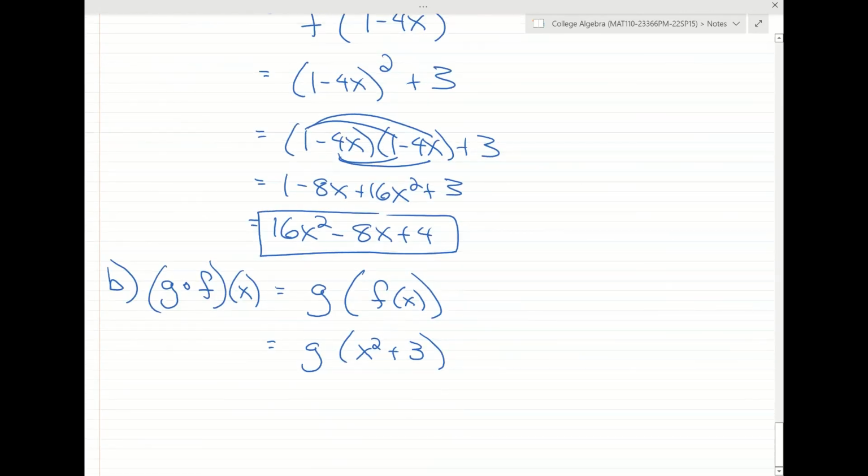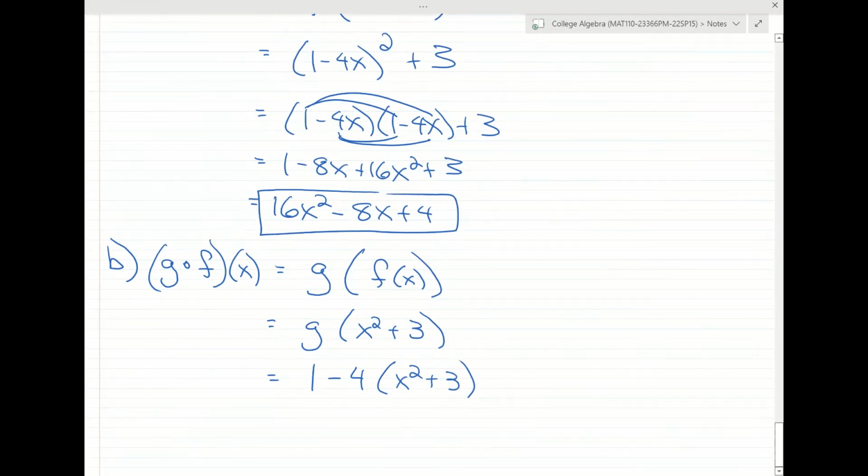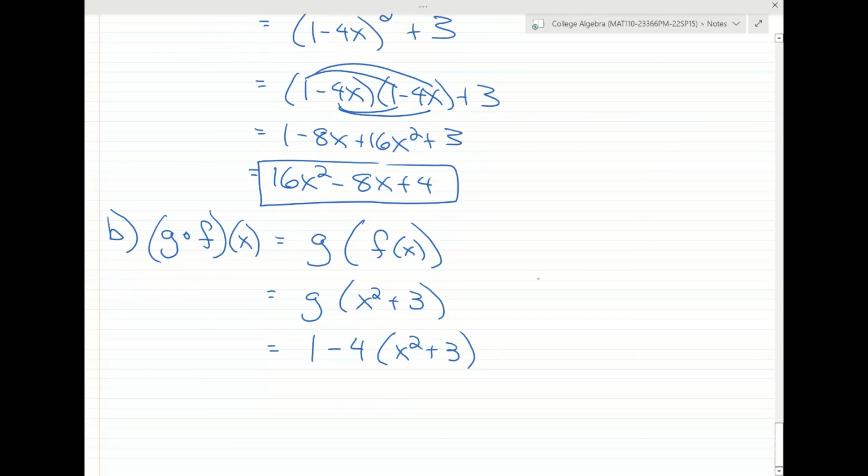And we're going to put x squared plus 3 in for the x in g of x. So g of x, I told you, was 1 minus 4x. So instead of 1 minus 4x, put x squared plus 3 there. 1 minus 4 times (x squared plus 3) is 1 minus 4x squared minus 12, which is negative 4x squared minus 11.